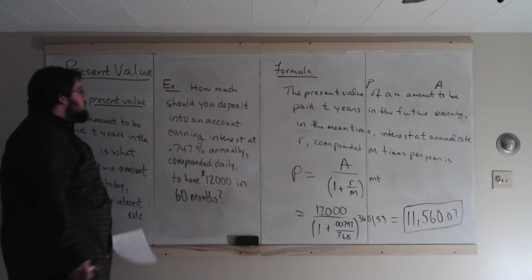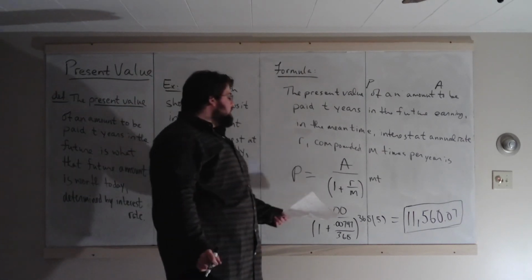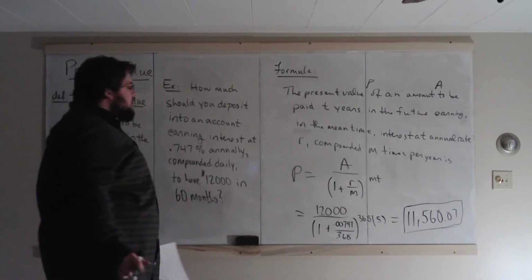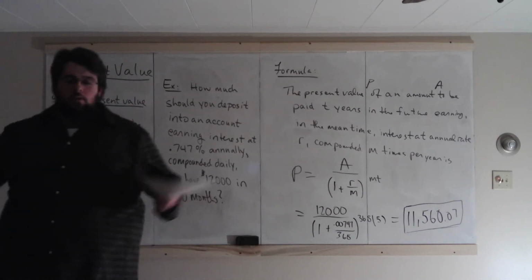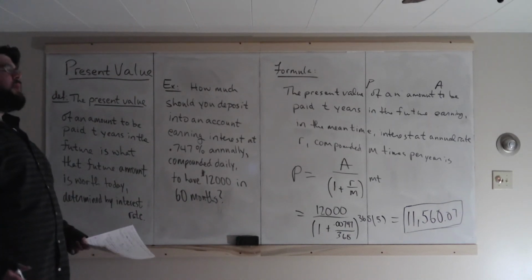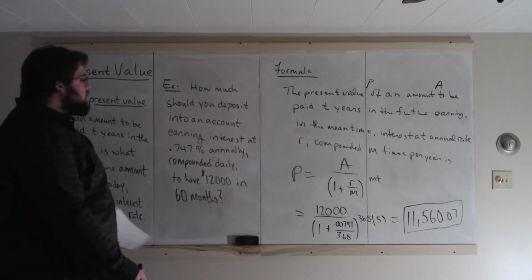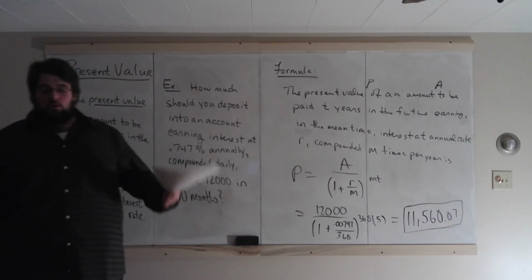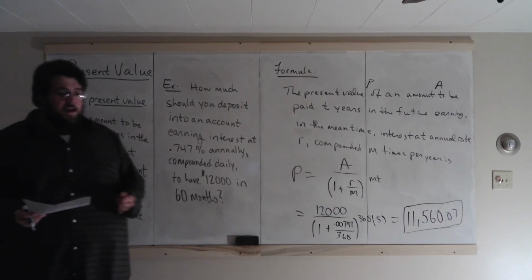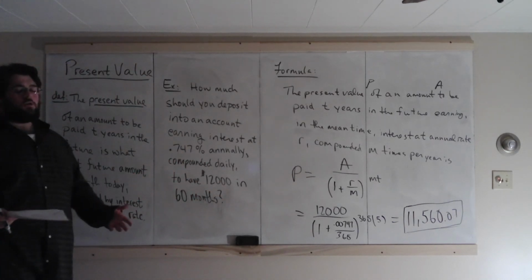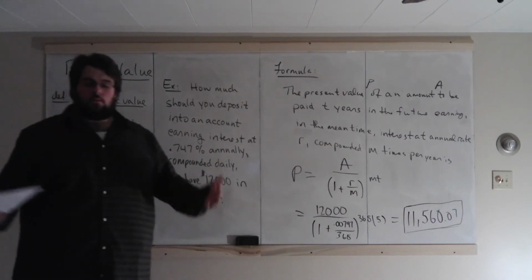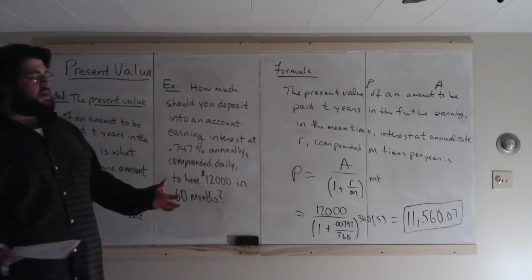Given that, we would use this present value formula. If it said how much should I deposit each month, then you would use the payment formula. And if it's asking how much is in the account after a certain number of periodic payments, you would use the savings formula. So try the examples with these.